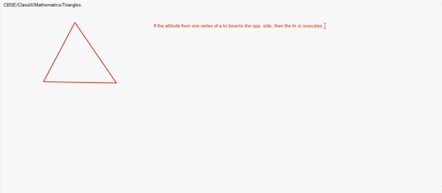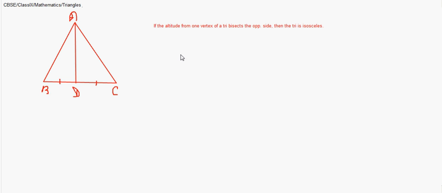That means if I am dropping an altitude from this point to the other side, I name this as BC, and this AD is bisecting BC, then this triangle is isosceles.